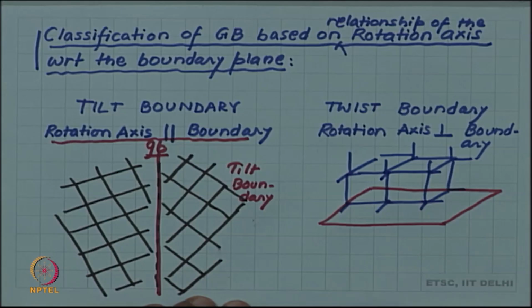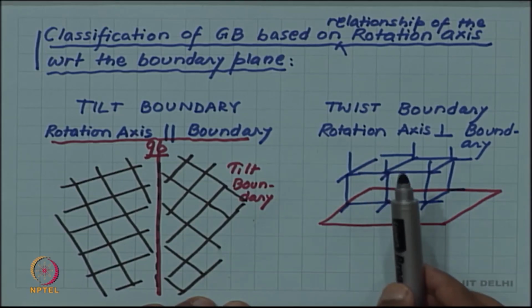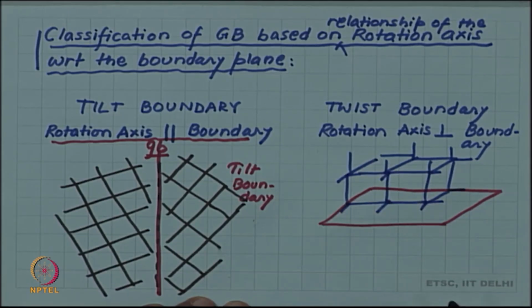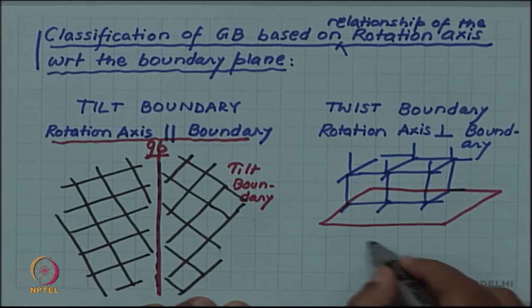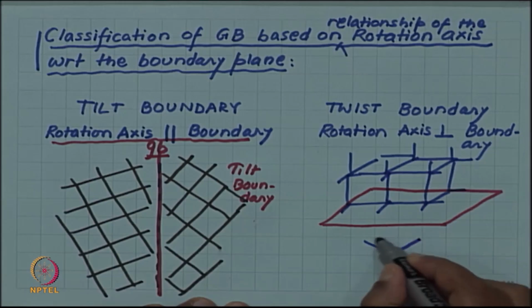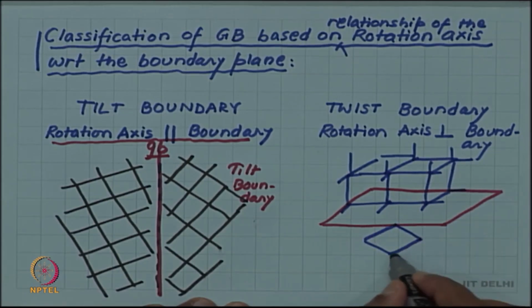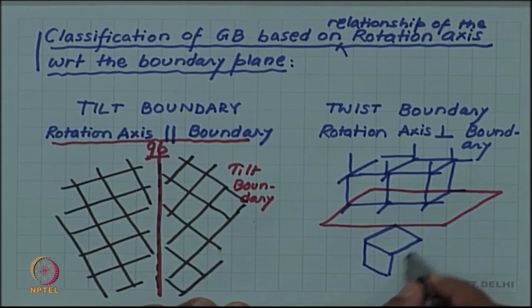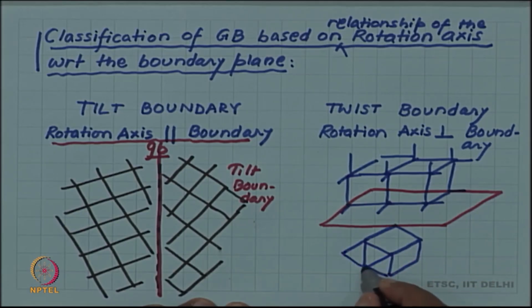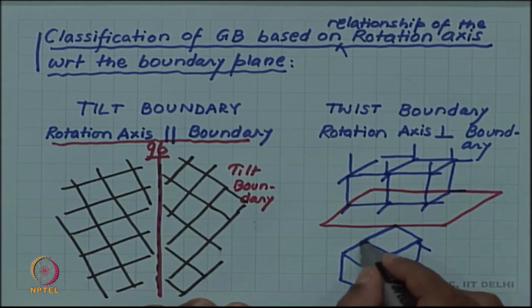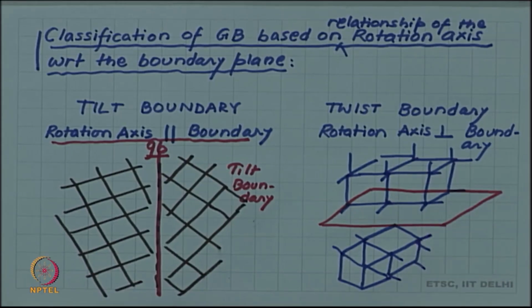And now, suppose I rotate to get the orientation of the grain below this boundary plane, I rotate this orientation which I have shown here about an axis which is perpendicular to the plane which I have drawn. So, on the lower side, I draw my cube like this. Of course, again you have more unit cells extending in all directions.